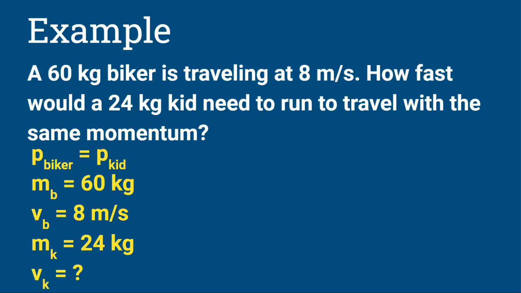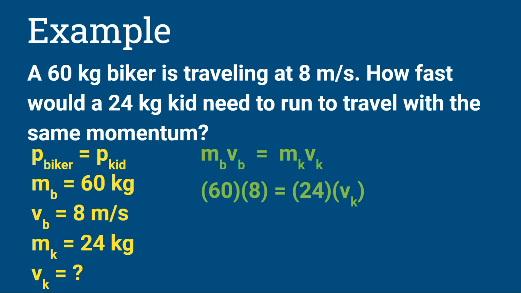So if I were to set these equal to each other, the mass of the biker times the velocity of the biker should equal the mass of the kid times the velocity of the kid, since we're looking for the conditions required for the same momentum. Okay, plugging in. That's 60 times 8 equals 24 times velocity of the kid, the unknown velocity that we're solving for.